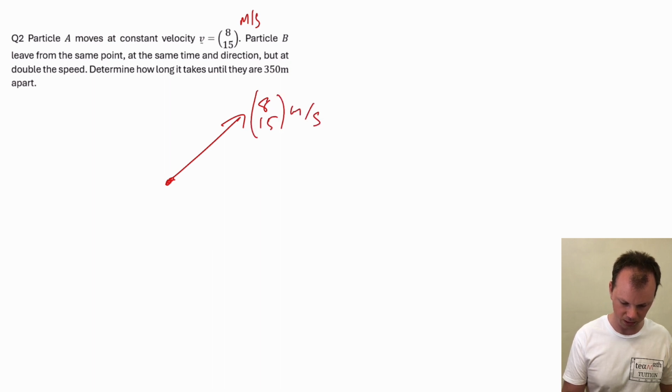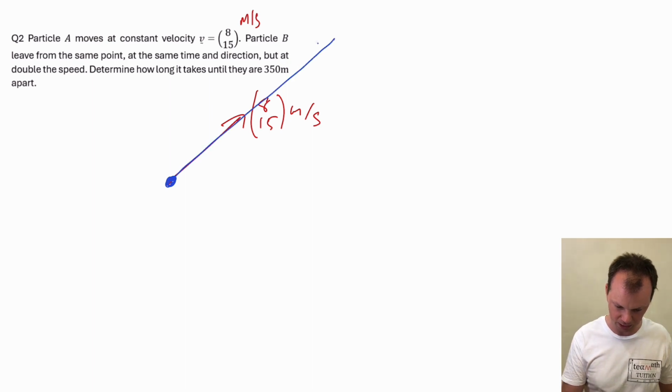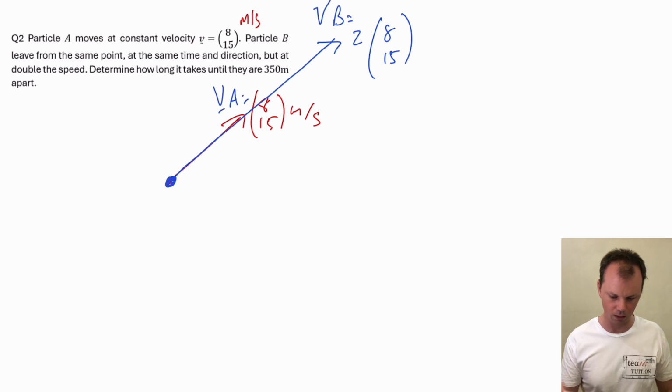We've got B, it's heading off the same point, the same time, and the same direction, but it's going double the speed. So we've got 2 lots of 8i + 15j, and that's B. This is A. Okay. Determine how long it takes until they are 350 meters apart.